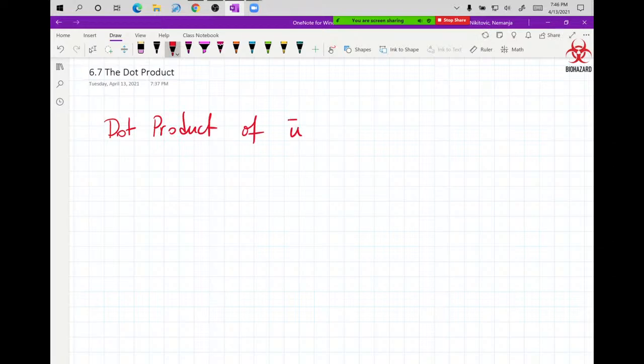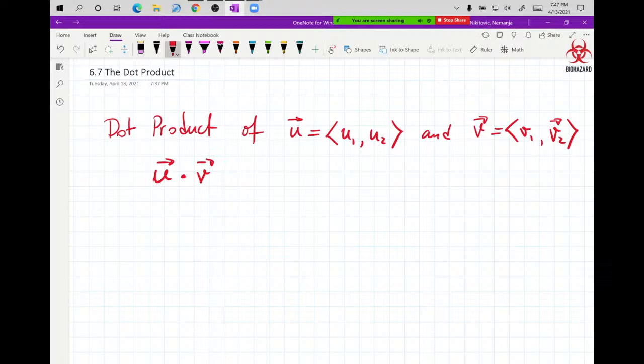And the dot product of vectors u and v: of vector u given by u1, u2 coordinates, could have gone with x and y, but whatever, and vector v with coordinates v1, v2, the dot product u dot v is u1 times v1 plus u2 times v2, and that equals a number, which is a scalar.